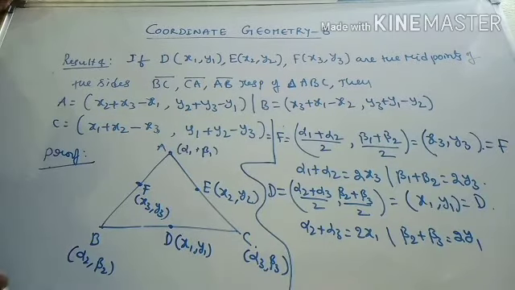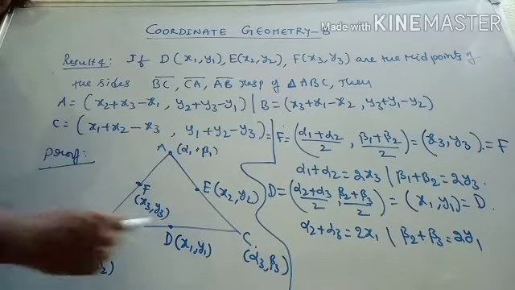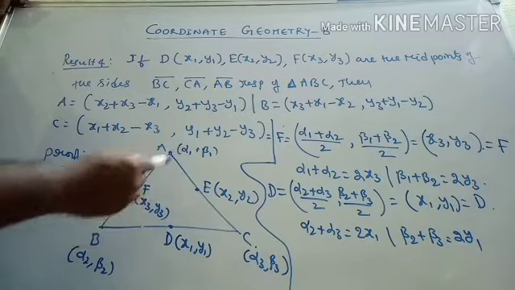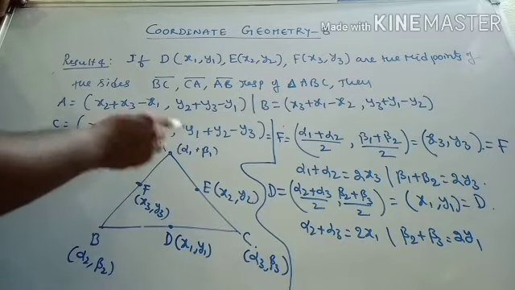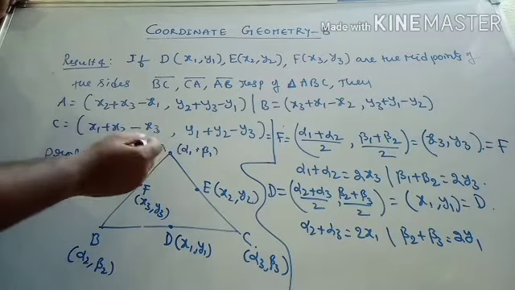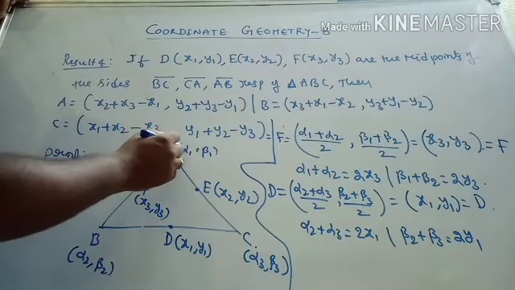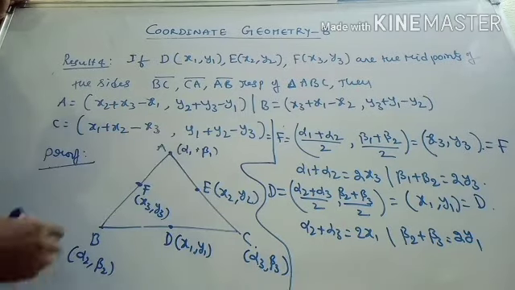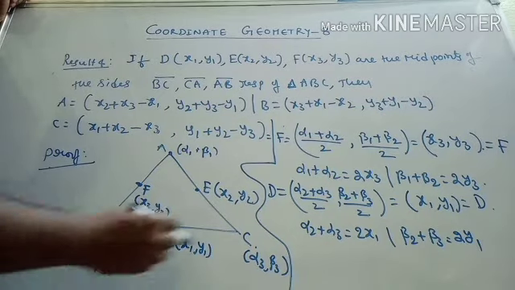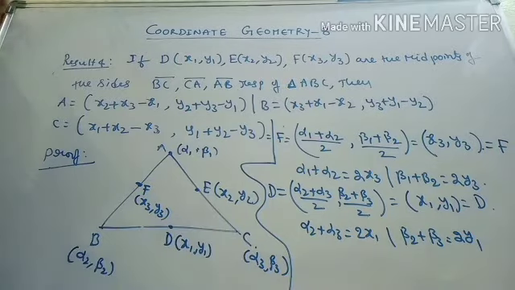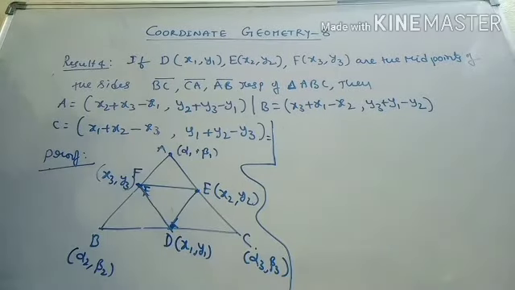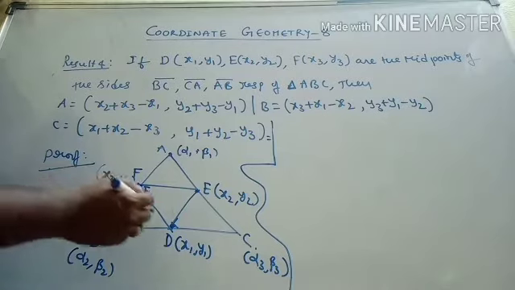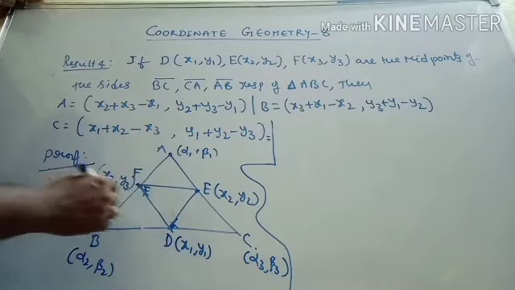We have taken D, E, F like this, and A, B, C. We need to get those vertices. For our convenience, we will take A as (alpha 1, beta 1), B as (alpha 2, beta 2), and C as (alpha 3, beta 3). Now D, E, F are the midpoints of the sides of triangle ABC.